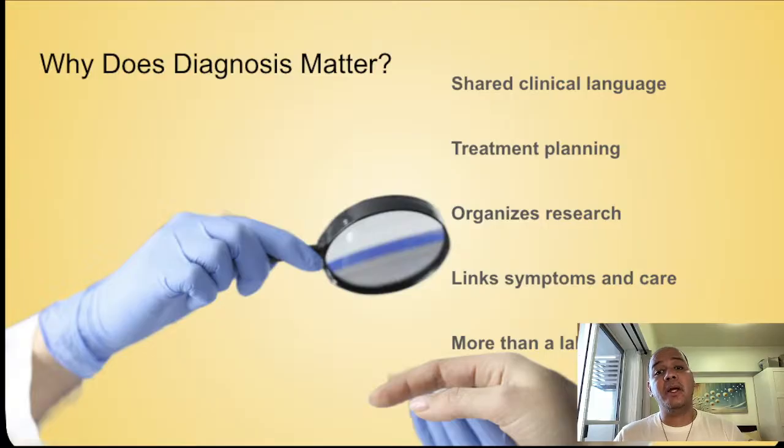Of course, it also matters because diagnosis helps organize treatment planning, communication, research, and documentation. In other words, diagnosis helps bring order in this chaos. And in mental health, there can be a lot of things going on if everything is left vague.